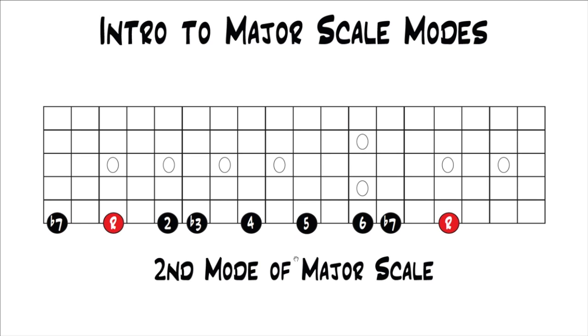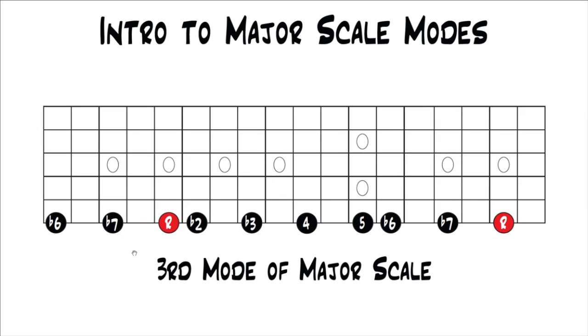Then when you build it off the second note of the major scale, you end up with the minor third, which you know because you end up with a minor chord and a minor seventh, so that is a darker sound. Or if you do it from the third note of the major scale, it's a fairly dark sound because you end up with a flat 2, a flat 3, a flat 6, and a flat 7. And those are intervals that create darker sounds or more dissonant sounds.